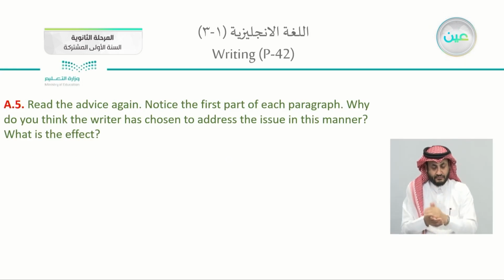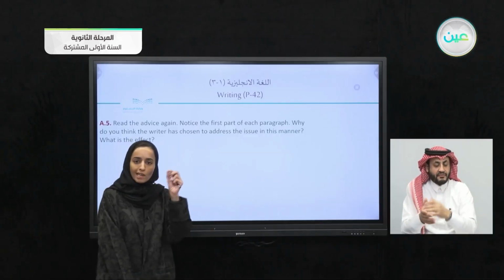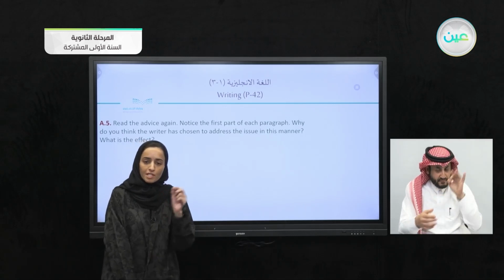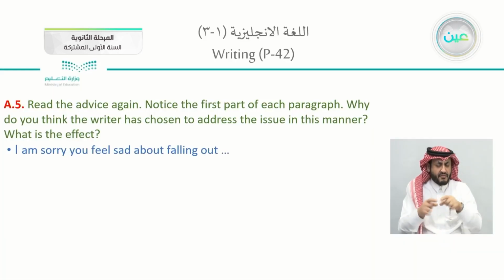Read the advice again one more time and notice the first part of each paragraph. Why do you think the writer has chosen to address the issue in this manner? What is the effect? Let's take one line from each paragraph, the first line from each paragraph. The first line started, I am sorry you feel sad about falling out with your friend.